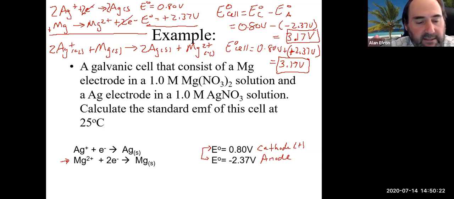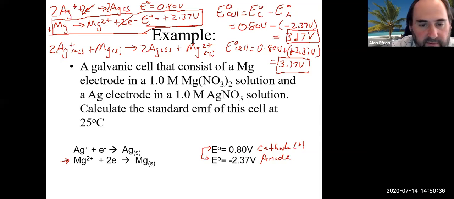I will say, just to sort of run home that point, if you were asked, kind of like the earlier question, to write the anode reaction with the correct E value, it should technically be this guy here with the positive value and obviously the reaction reversed.